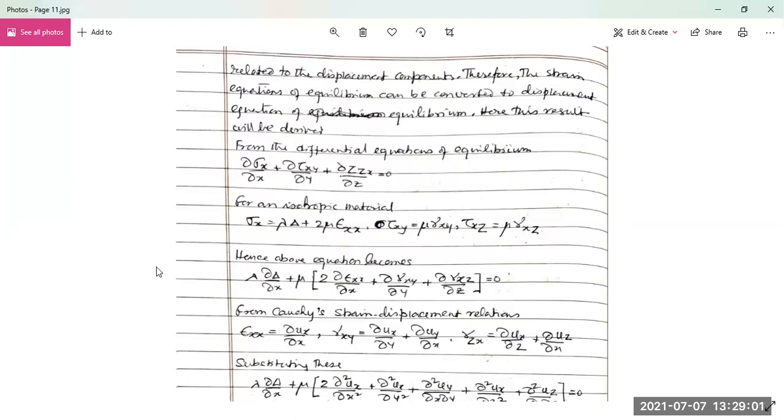So for an isotropic material which has the same stresses in all directions at a particular point, we assume that we have the same lateral deflection, and for a stress in the x direction, the same amount of lateral deflection takes place in the y and z directions itself.